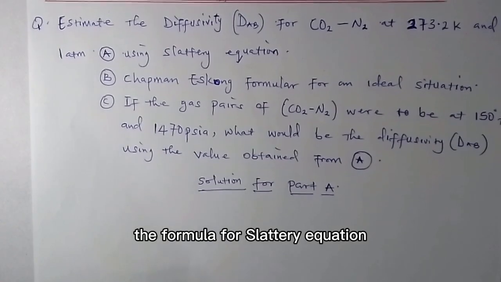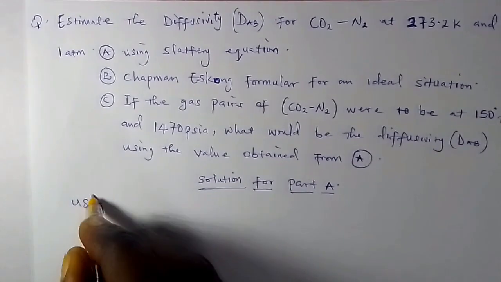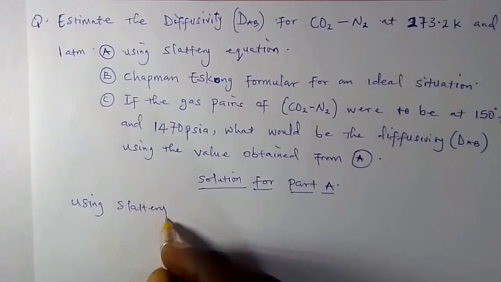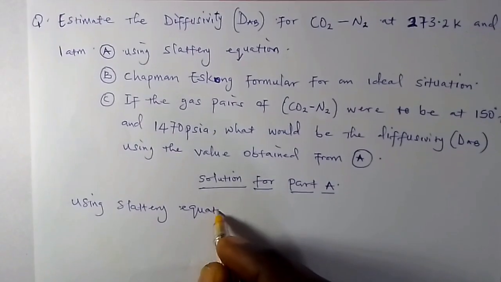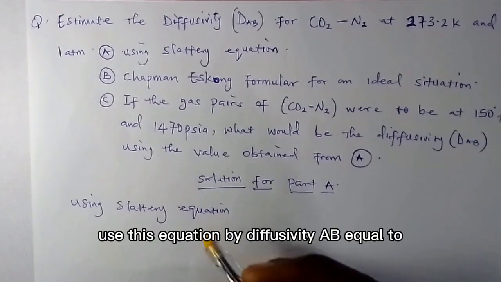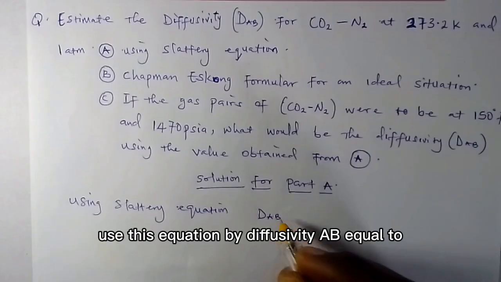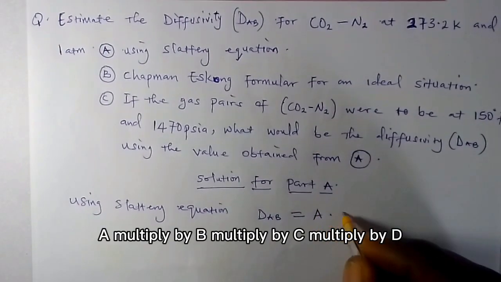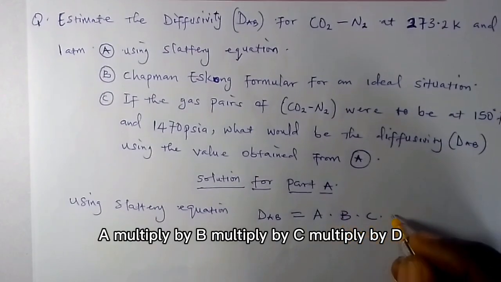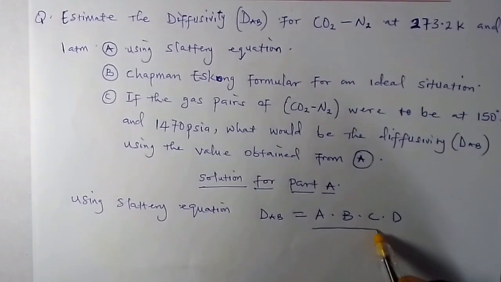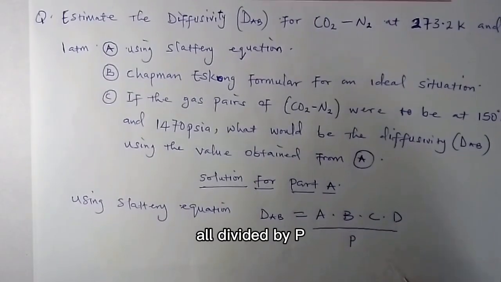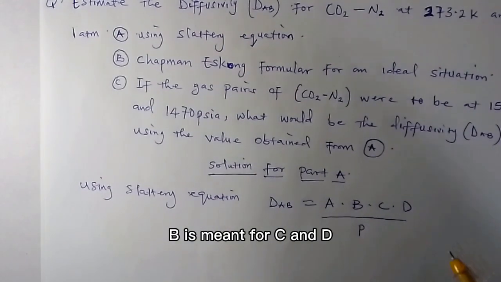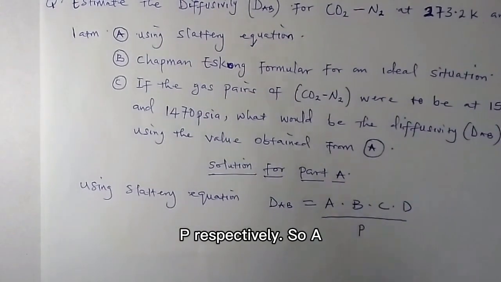The formula for the Slattery equation: diffusivity AB is equal to A multiplied by B multiplied by C multiplied by D, all divided by P. We are going to explain what A, B, C, D, and P are meant for respectively.